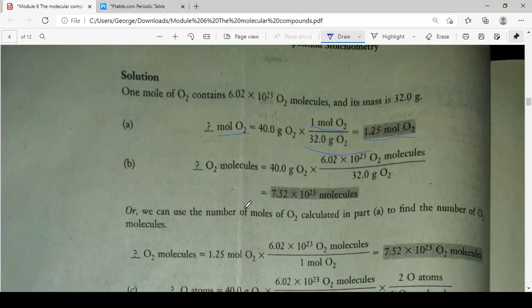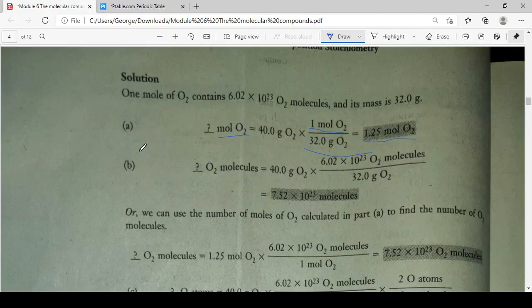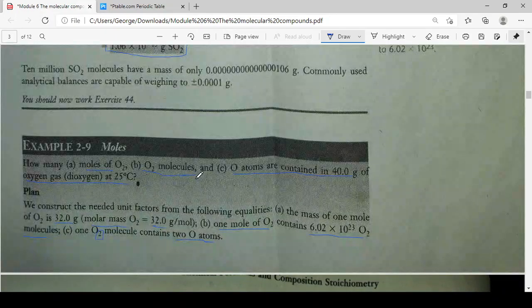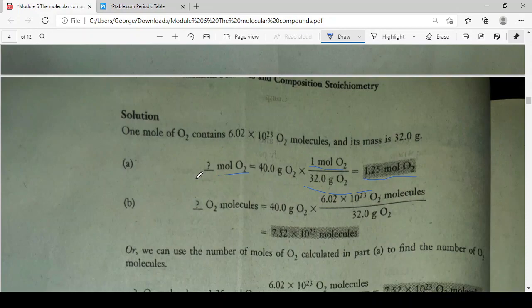Next, your O2 molecules. Letter B, kids. What are we finding in letter B? We are finding your molecules of O2.